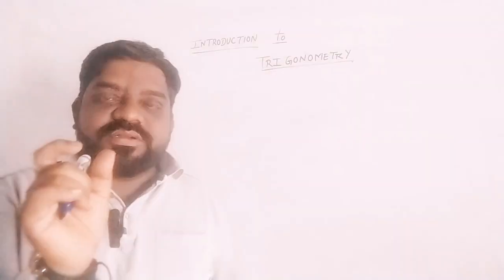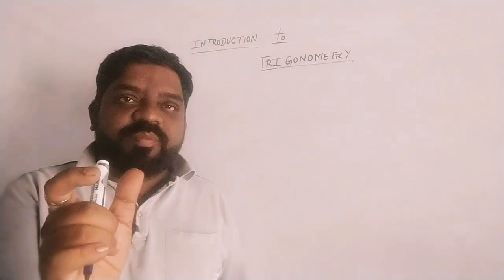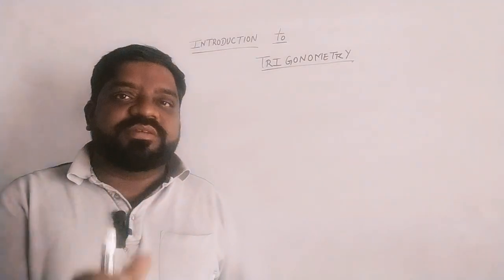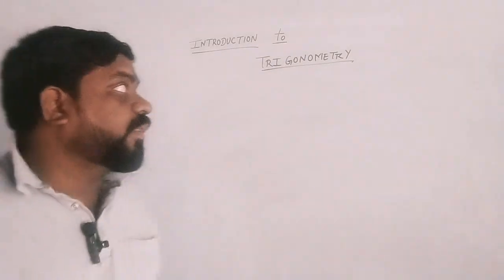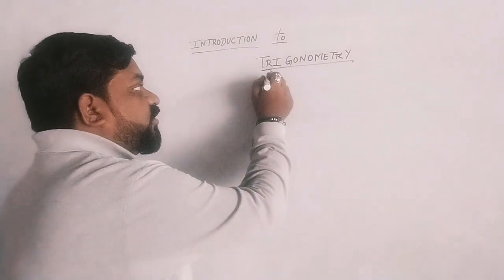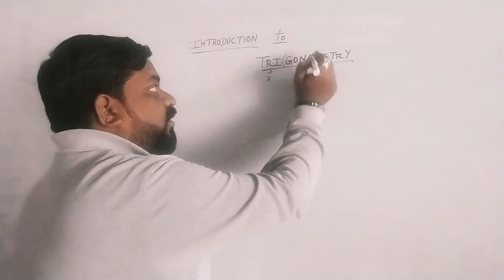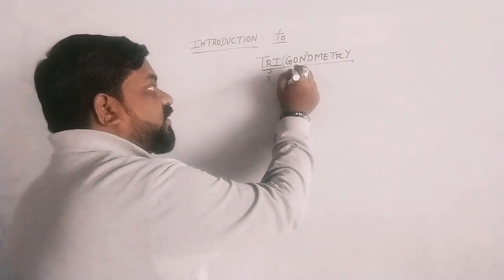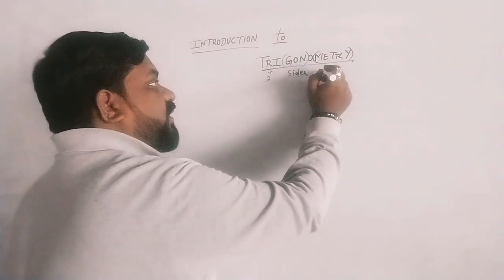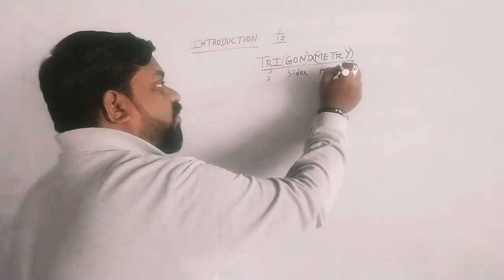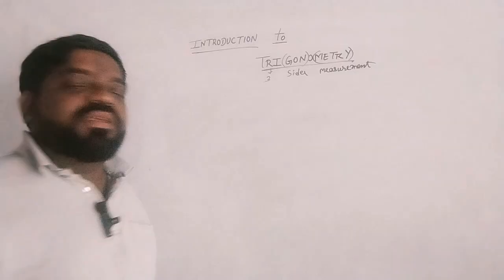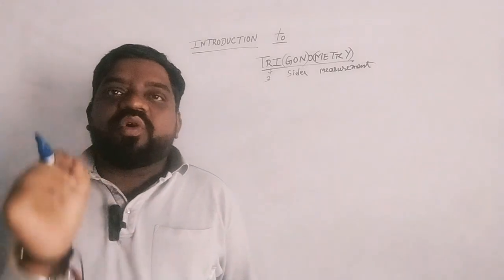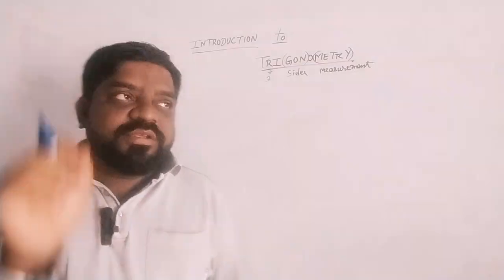First, trigonometry. Trigonometry is a combination of words. Tri means three, gono means sides, and metry means measurement. Trigonometry means a measure of a three-sided figure.